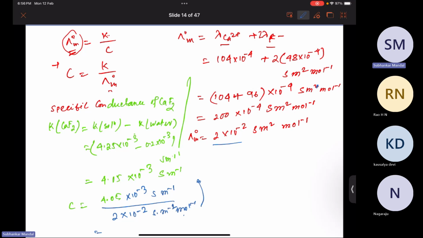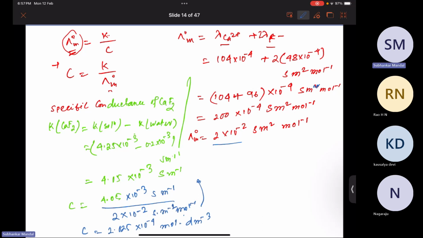Can anyone tell? If you divide these two, how much will it be? It will be 2.025 into 10 to the minus 4 mole. It will go up, so this meter square will be decimeter cube. Okay, so we know the C.